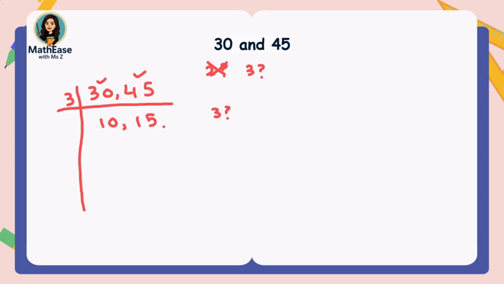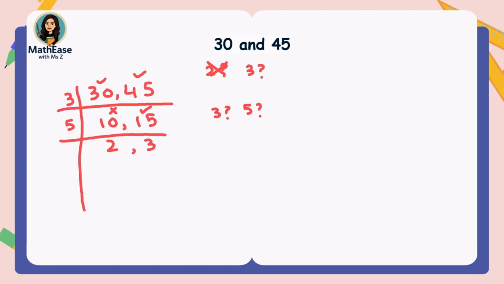Not this time, because even though 15 can be divided by 3, 10 can't. How about the next prime number, which is 5? Yeah, both these numbers can be divided by 5. 10 divided by 5 is 2, and 15 divided by 5 is 3.